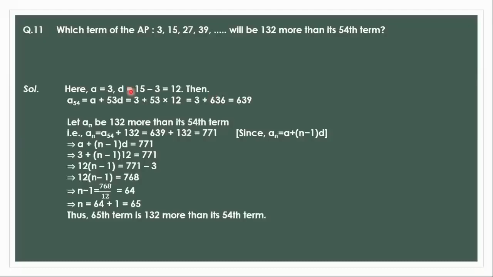So the nth term is 639 plus 132, it is 771. Am I clear, children? So we need to find out n value. So apply the values of A and n and find n value. Anyone have doubt here? No, ma'am.